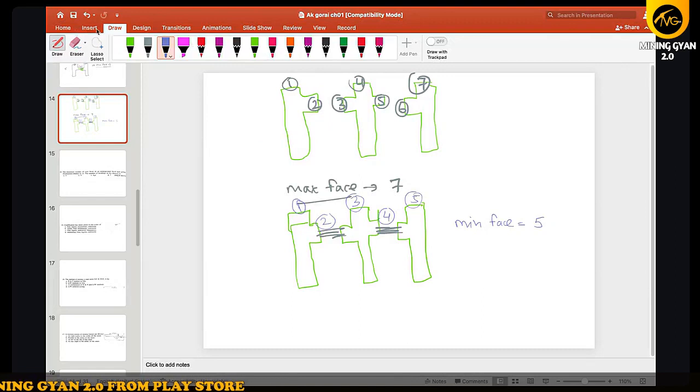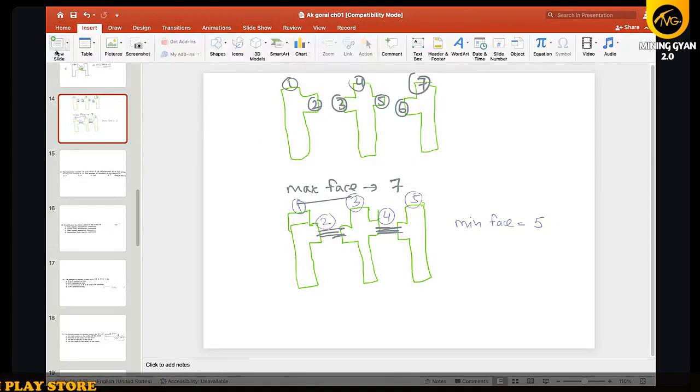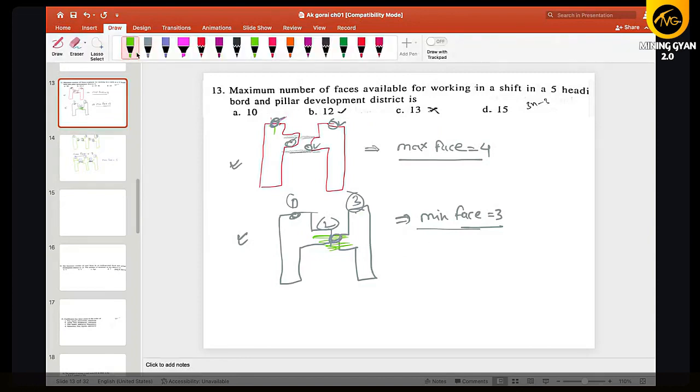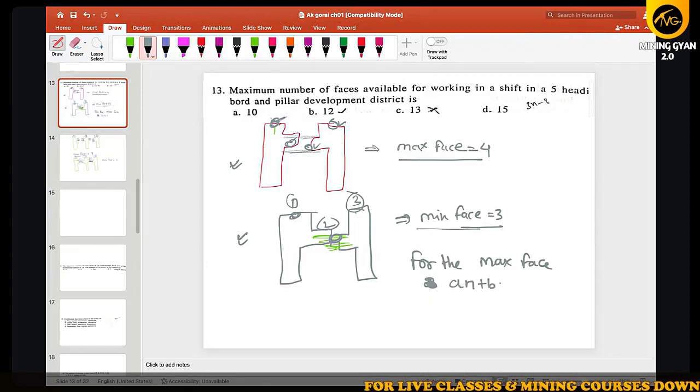So if we know two equations and two unknowns, we can find our equation. In this case, the formula for the maximum phase, let an plus b equal to the maximum phase.